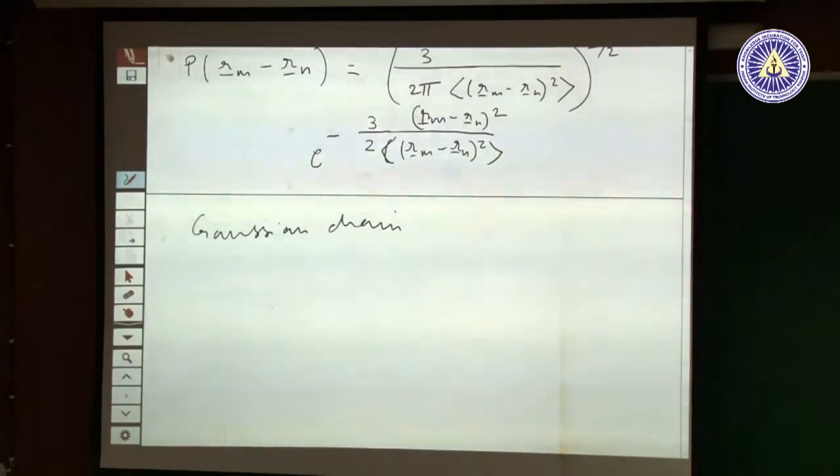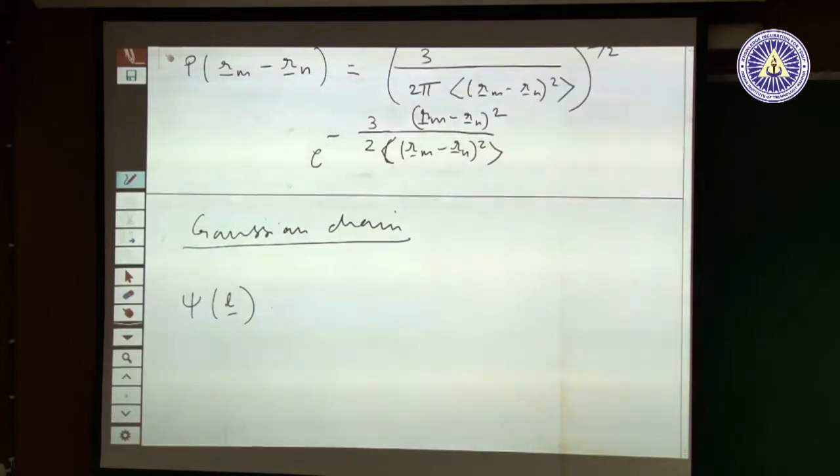Okay. And what you assume here is that this distribution function of L, which we knew its form for the freely jointed chain, is in fact a Gaussian itself. So you write this as 3 over 2 pi L squared.